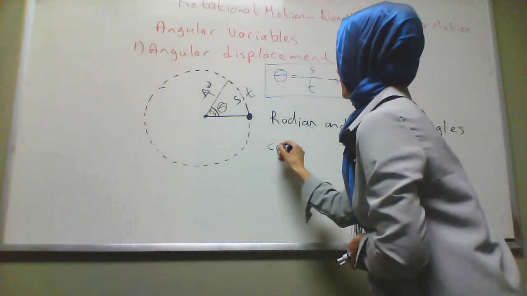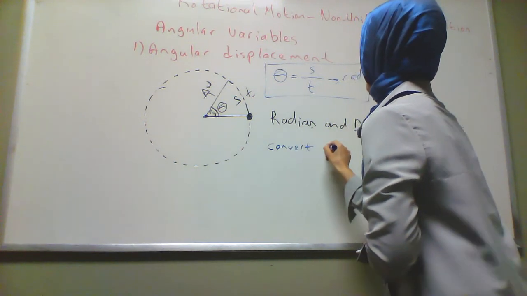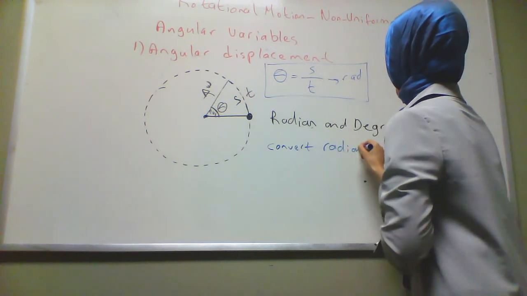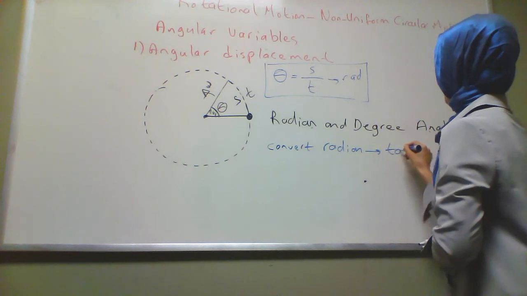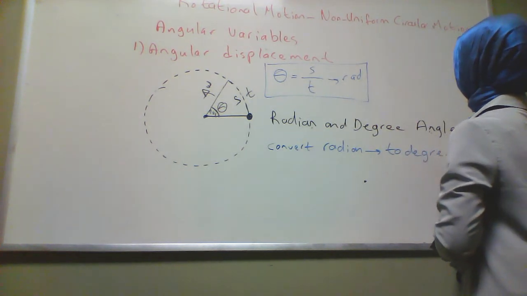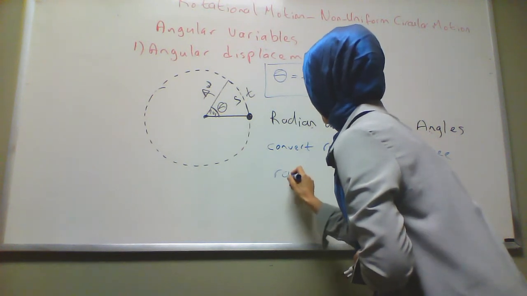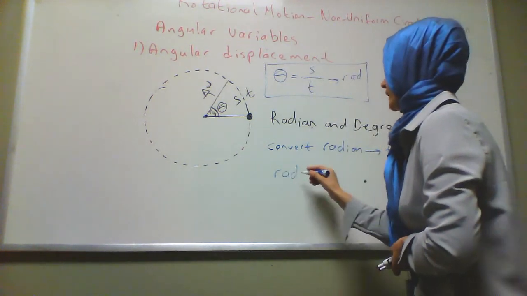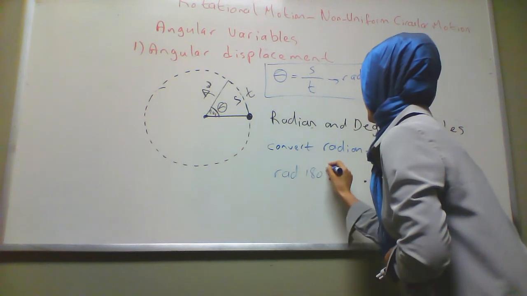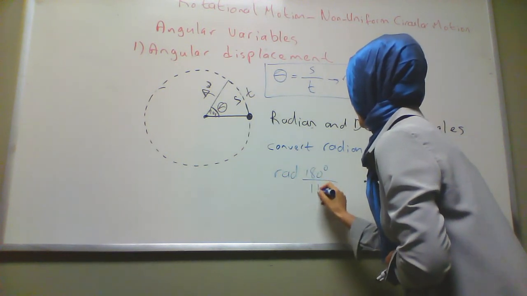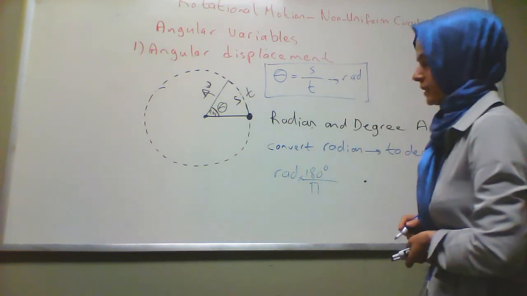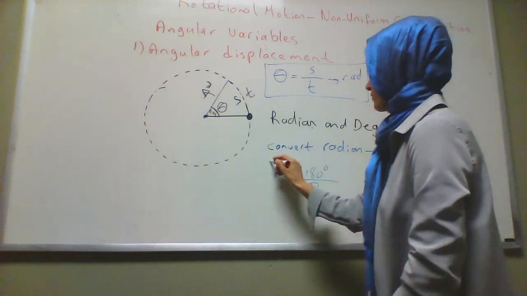So converting radian to degree: let's say we have pi radian, or whatever we have in radian, we multiply this by 180 degree divided by pi. So radian times 180 divided by pi converts the radian to degree.